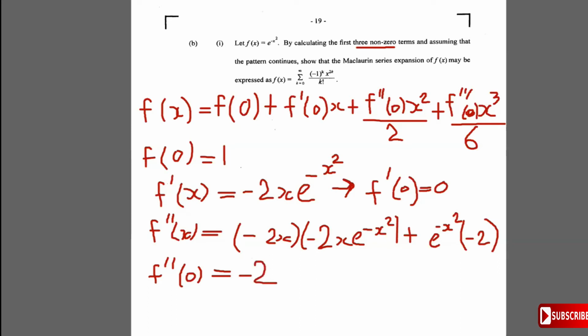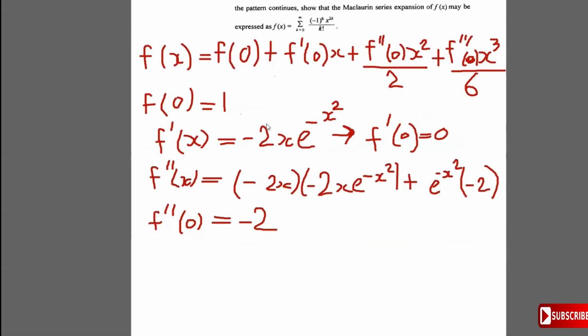I will get minus 2. So I only have two non-zero terms so far, so I need to differentiate again.